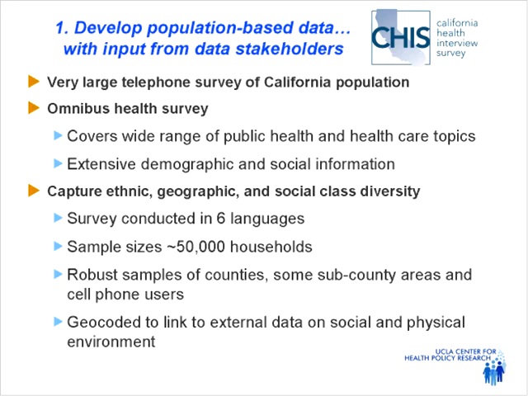It covers a wide range of public health and healthcare topics. There is a core set of topics that are asked every single round of the California Health Interview Survey, and then there are supplementary topics that sometimes are added and sometimes go.